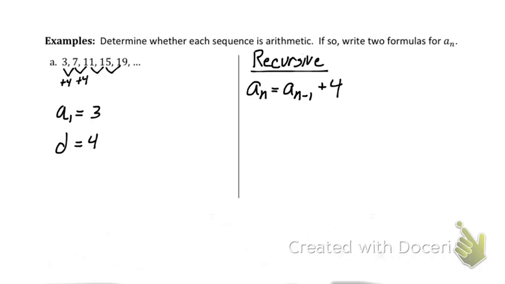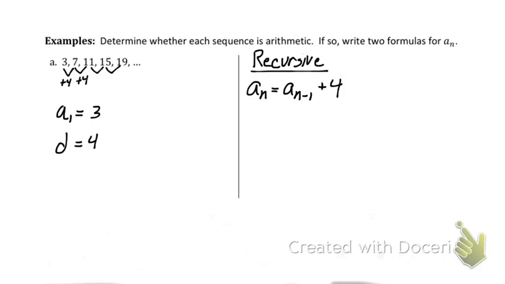However, something very major is missing from this formula. Jacob, if I cover up these numbers, are you going to be able to reproduce this entire set from that? Why not? You don't know what a sub n is. I don't know what my starting position is, right?